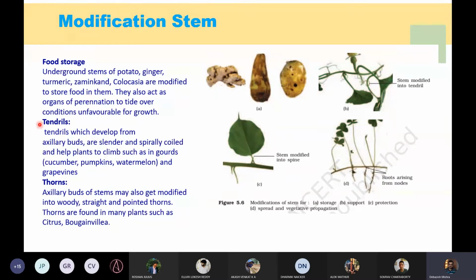So with different modifications, stems can do multiple functions. Like for example, in ginger, turmeric, and colocasias, even potato, they are stems actually. And when you see here, they majorly bulge up underground and they store food.